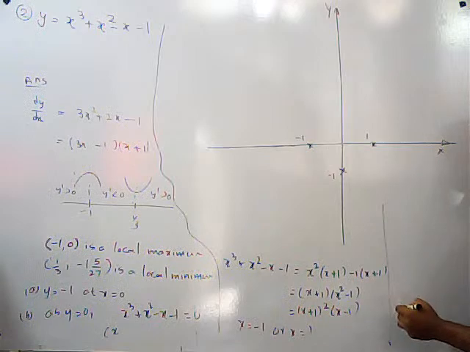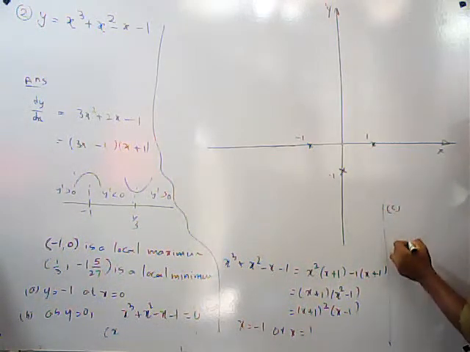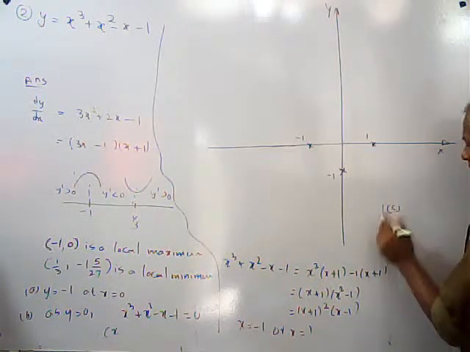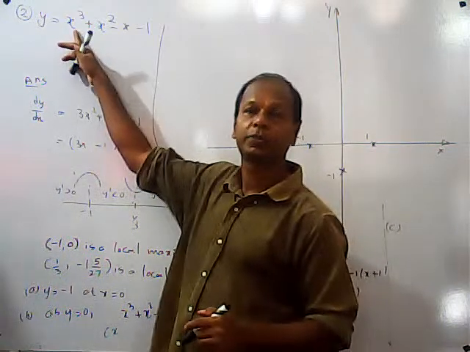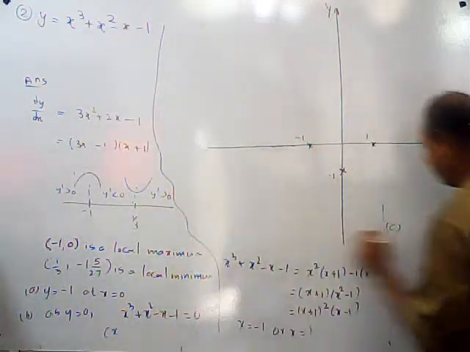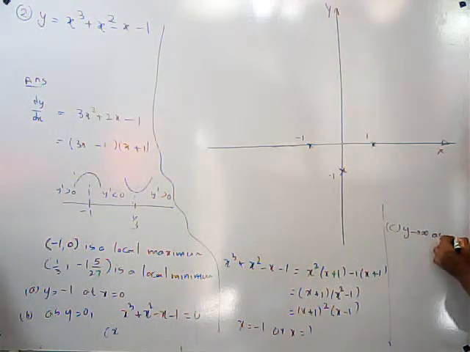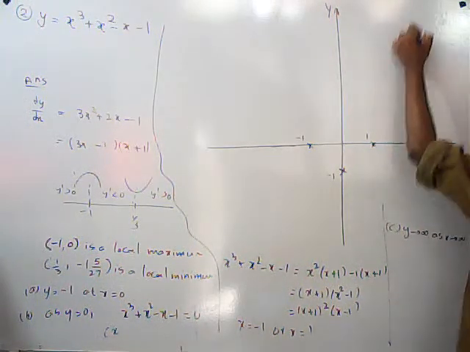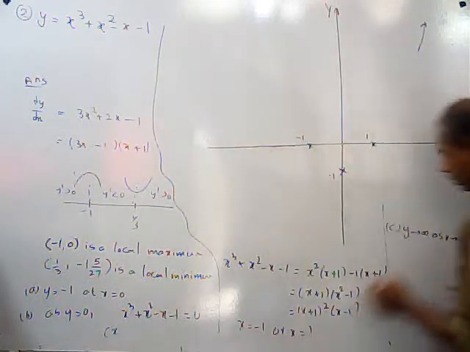In part C, you see that y goes to positive infinity as x goes to infinity. Then y will go to negative infinity as x goes to negative infinity.